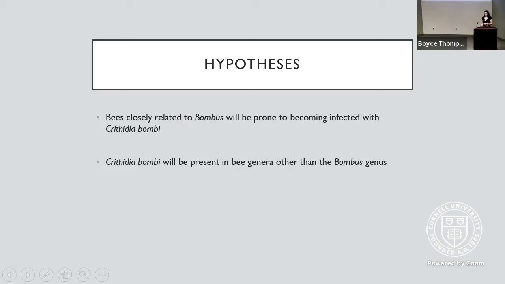For the observational portion of this experiment, we did screenings. I thought maybe Crithidia bombi will be present in other species or genera than the Bombus genus. The reason for that is that bees who happen to visit these flowers can potentially get it.